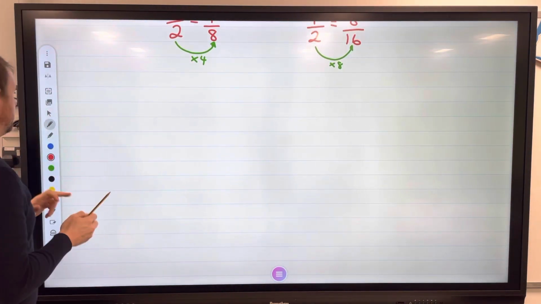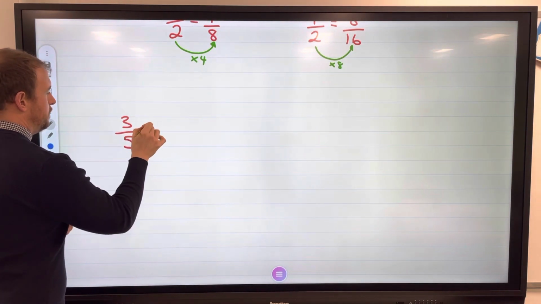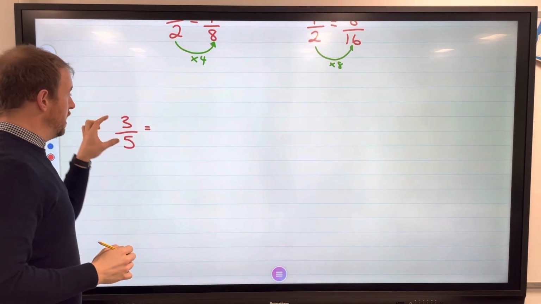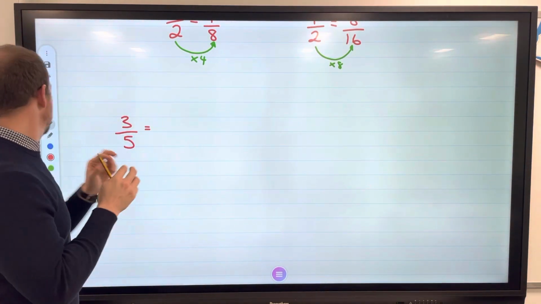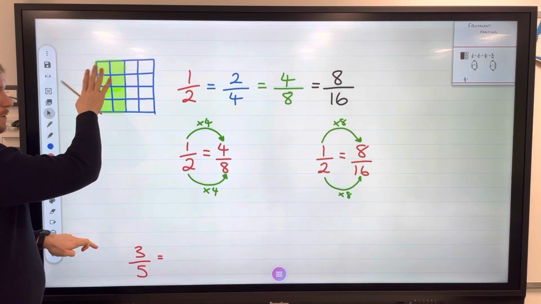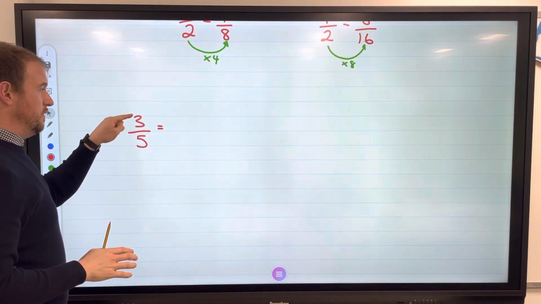Let's have a different random fraction. Let's have 3/5. To make these digits bigger, but the same size fraction, remember we're not changing the square any more. All I'm going to do is enlarge each of these digits.